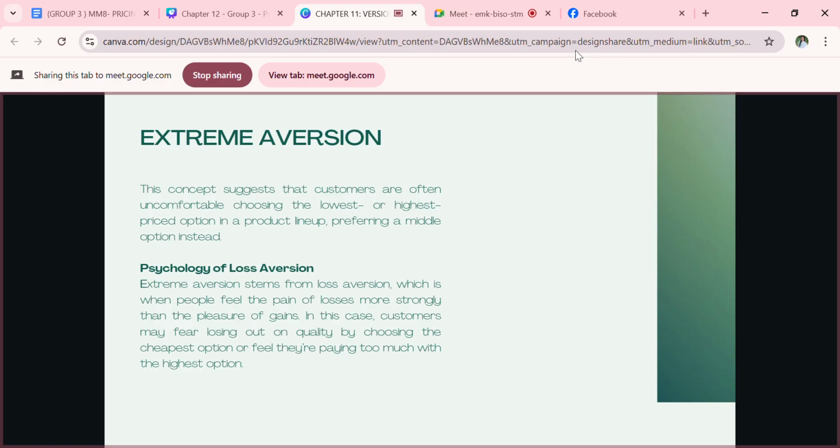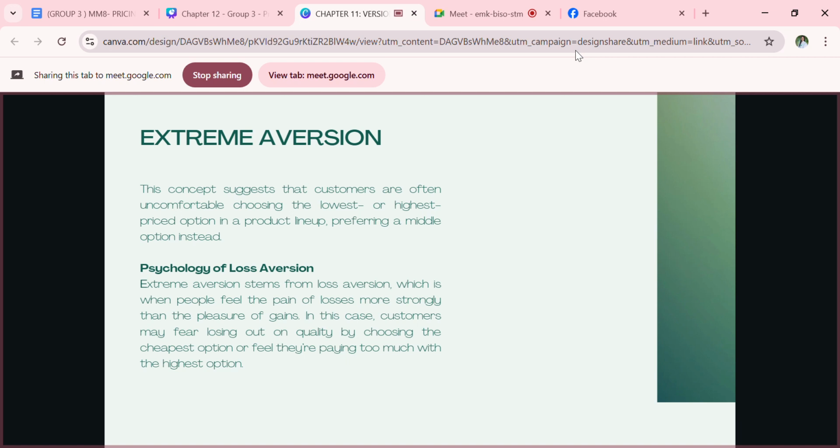So next is extreme aversion. So extreme aversion is a psychological effect where customers feel uncomfortable choosing the cheapest or most expensive option in the lineup. So instead, they prefer a middle choice, a behavior influenced by loss aversion, which means people feel losses more deeply than gains.